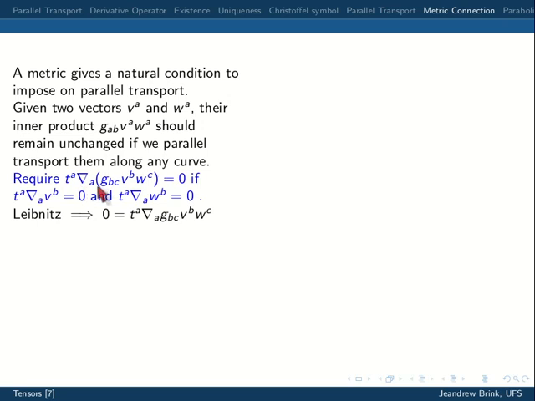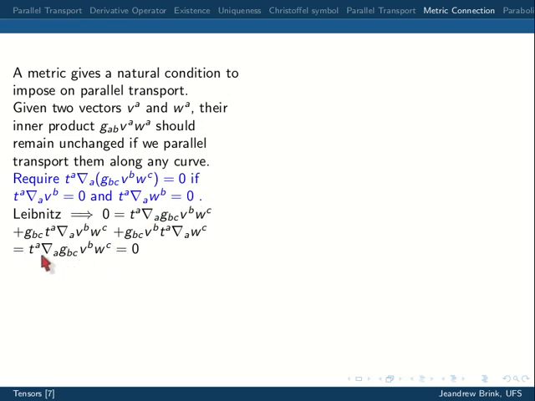Similarly, when we apply the parallel transport operator to W^c, that's also 0, because we're parallel transporting both V and W. So I've just written it out; this is simply Leibniz applied to this condition, and only the first term remains.